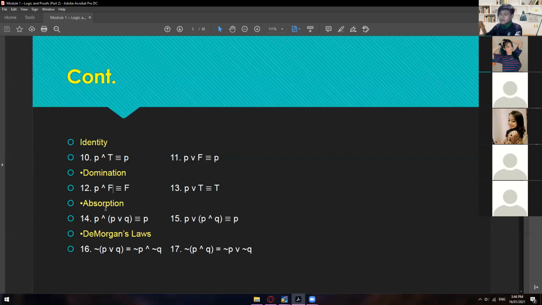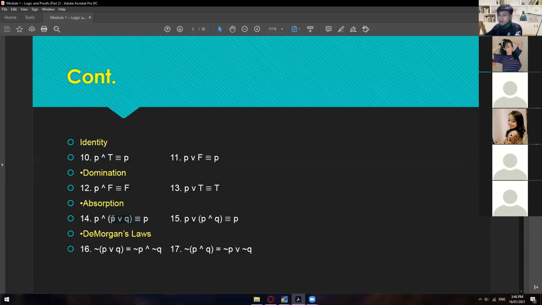Okay. So moving on, we have here absorption. Basically, let's assume we have a true value for P. So true and (true or Q).